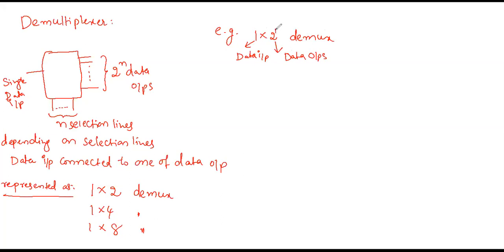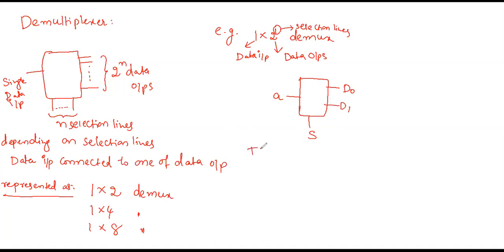This power indicates selection lines. So it is one data input A, two data outputs D0, D1, and a single selection line. This is the block diagram.